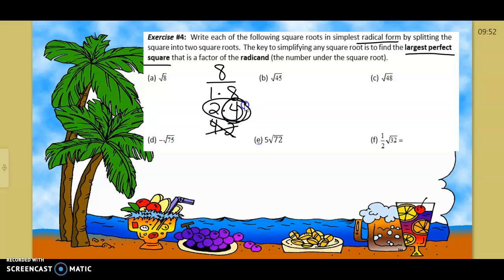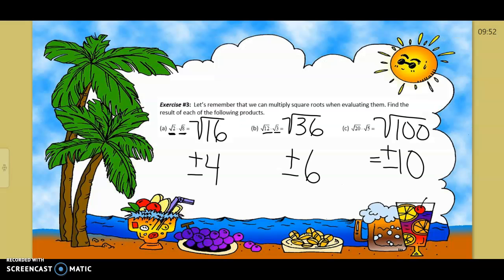So we need to take these 2 numbers and rewrite 8. And always write the perfect square first. So the square root of 4 times the square root of 2. Now this is no different than what I just showed you in how we can take 2 square roots and make it 1. Now we're taking 1 square root and making it 2.